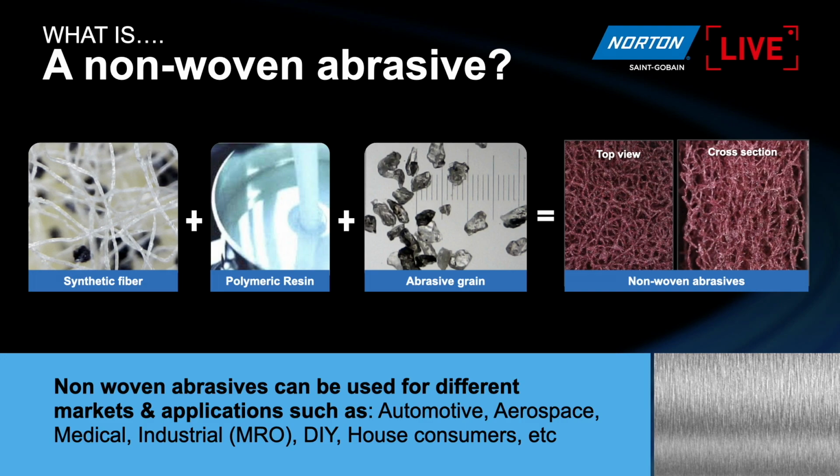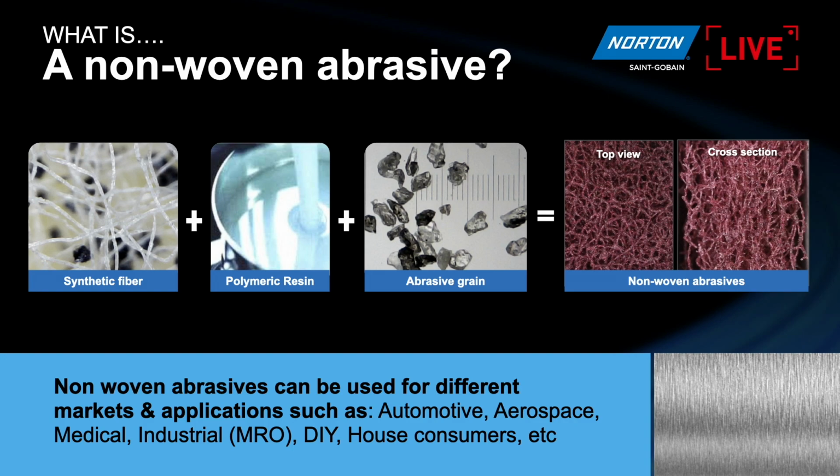Okay, everyone. So, on this slide, we're just explaining here what are non-woven abrasives. So it's very simple. We just take synthetic nylon fibers, we add abrasive grain to those fibers, and we anchor those abrasive grains using a resin system there, which ends up giving us a very exceptional three-dimensional product, which can be used for very soft and gentle finishing applications.